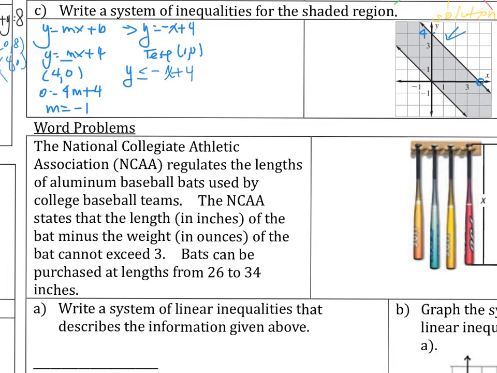And let's test this. 0, and 0 is less than or equal to 0 plus 4, which is just 4. So we would graph everything to the left-hand side of this boundary line, because it includes 0.